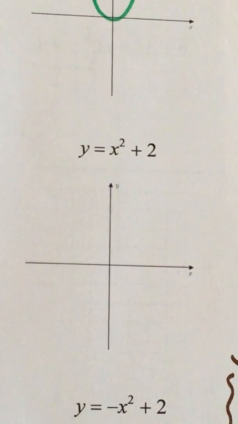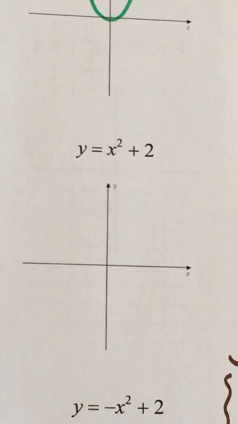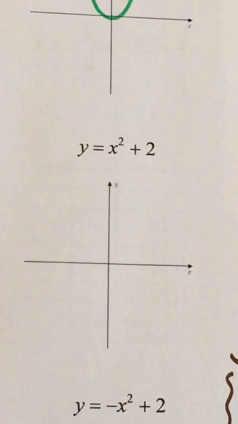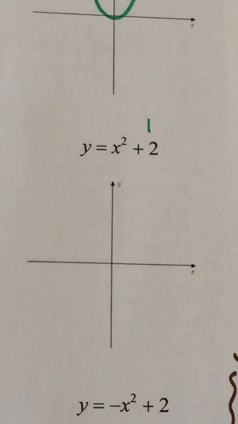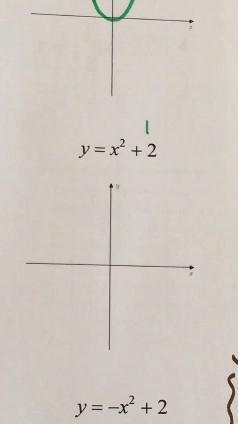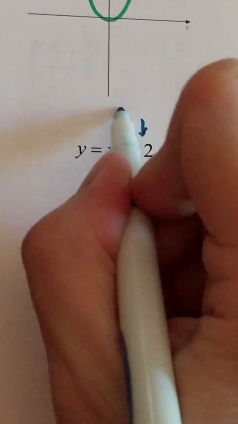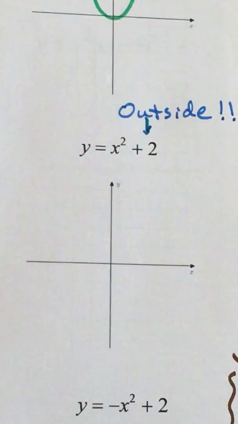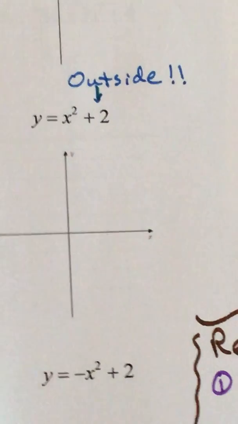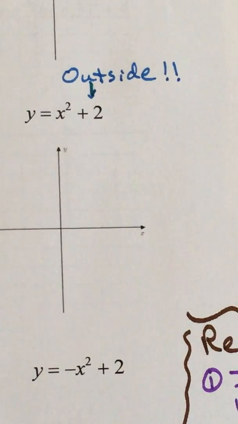So here we have x squared plus 2. And that plus 2 is outside. Let's use blue. This is outside. This is a big deal. There are no parentheses, so therefore it must be outside of them.